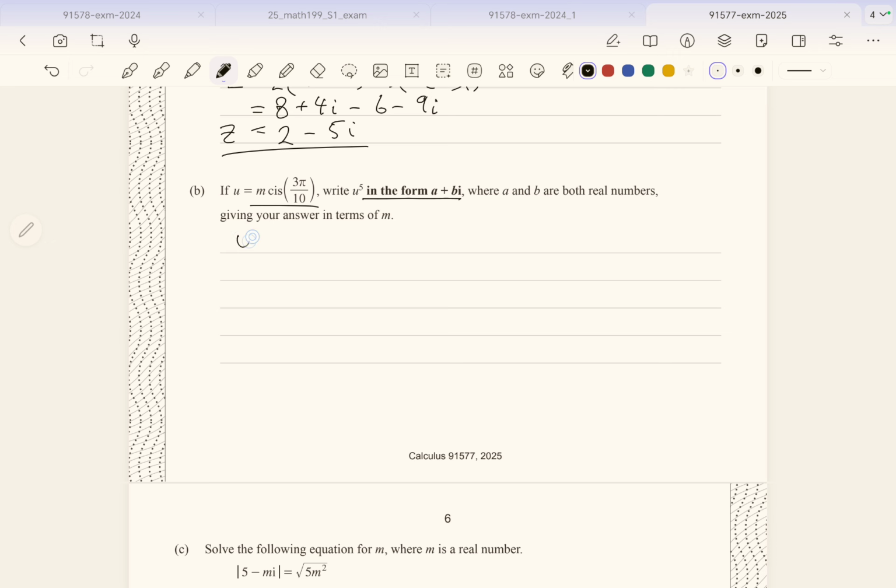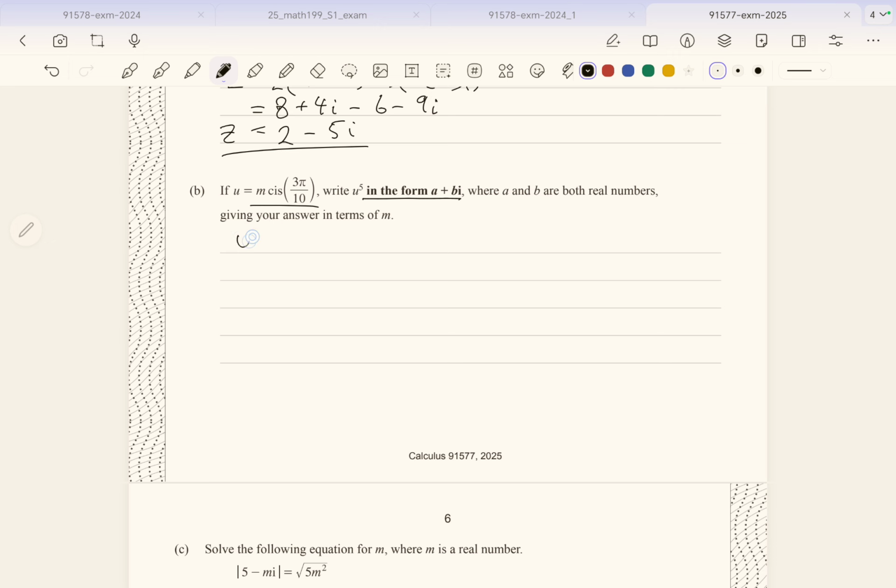This means that u to the 5 is equal, by De Moivre's theorem, to m to the 5 cis 3 pi on 10 times 5. So it's m to the 5 cis 3 pi on 2.